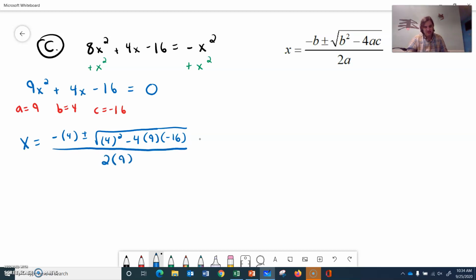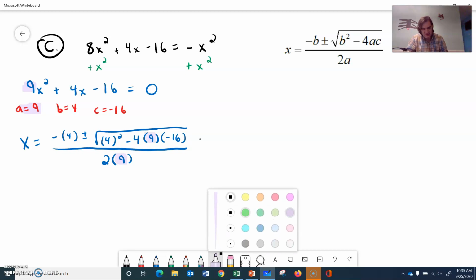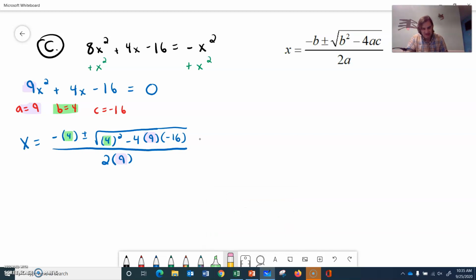Wow, I might have to pick up a calculator in this one, but let me highlight some things. A being 9. You can compare, make sure you got stuff in the right place. B being 4. And C being negative 16.